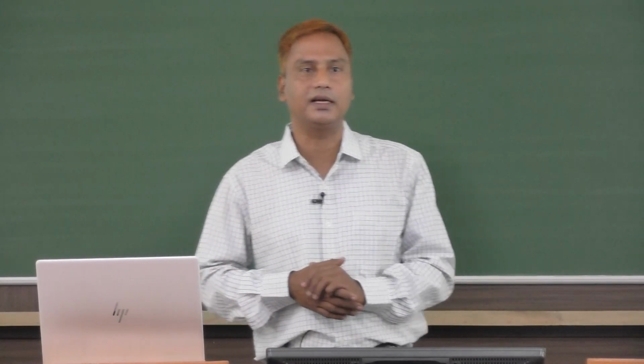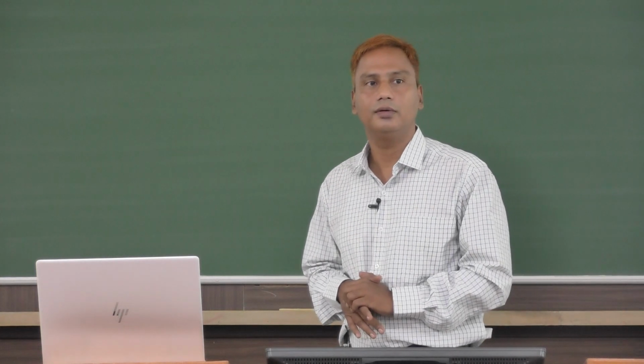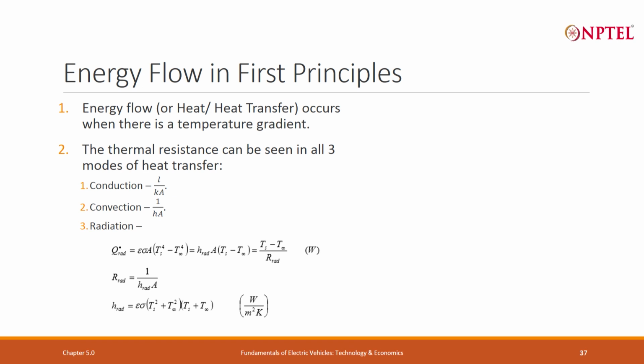Depending upon the temperature gradient, how much heat will flow can be defined. So, it has basically three modes: conduction, convection and radiation. In the simple form, the heat transfer due to conduction we represent by K A delta T, where delta T is the temperature gradient.